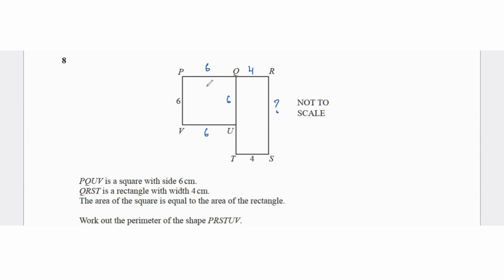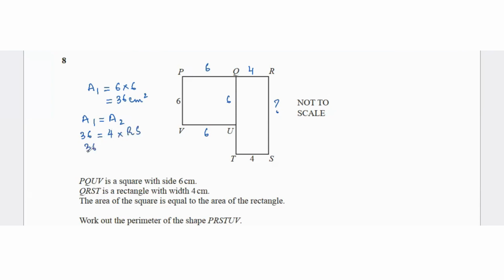So what I'm going to do is first find the area of PQUV. So area 1 is going to be 6 times 6, which is 36 centimeters square. So since area 1 is equal to area 2, that means 36 will be equal to 4 times RS.